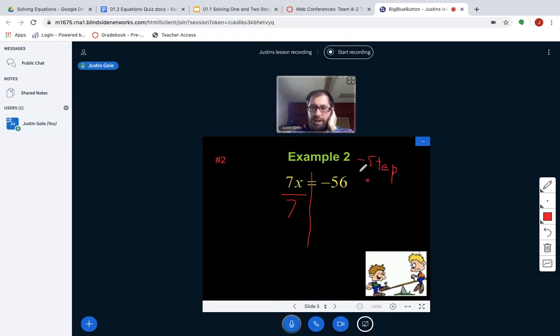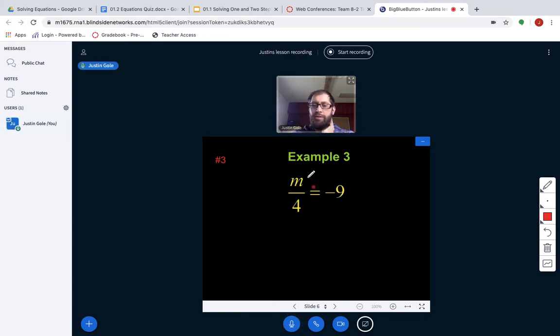Actually, this is a one-step still, sorry. This is a one-step. Correct, I'm corrected. So 7 times x, I have to do the opposite, which is divide by 7. I get x equals -8. X equals -8, right? That's what we should have gotten there. All I do is I see what's being done and I do the opposite.